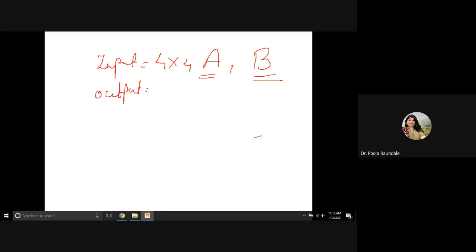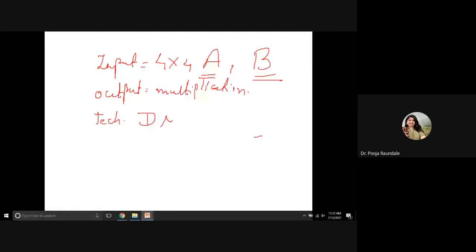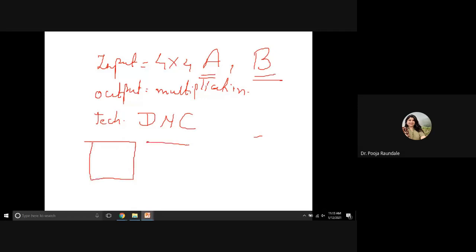Output is the multiplication of the matrices. And the technique you are going to use is divide and conquer. You will take your 2 matrices of 4 by 4 and apply the divide and conquer method using Strassen's matrix multiplication.